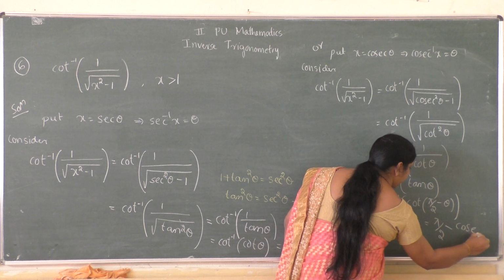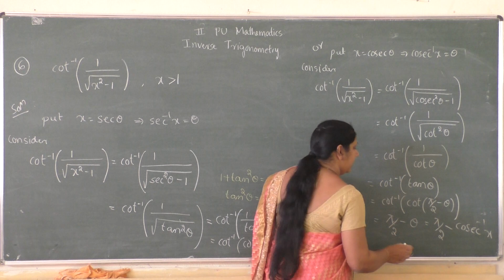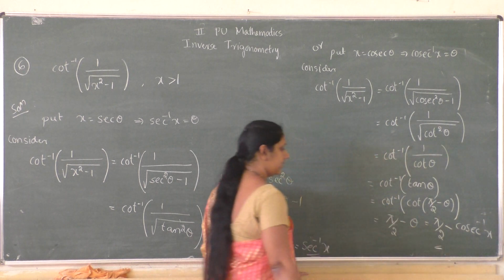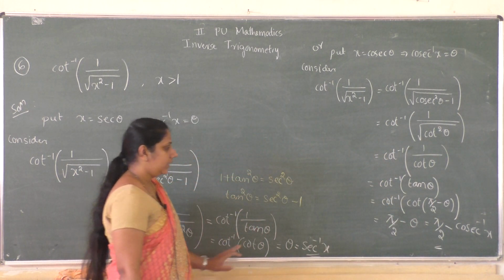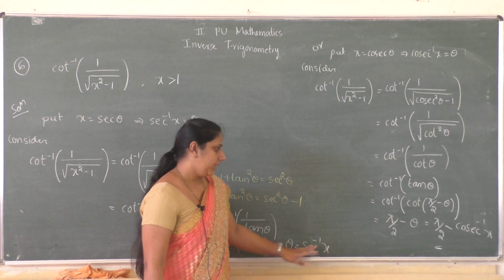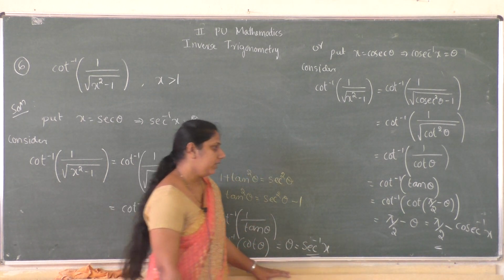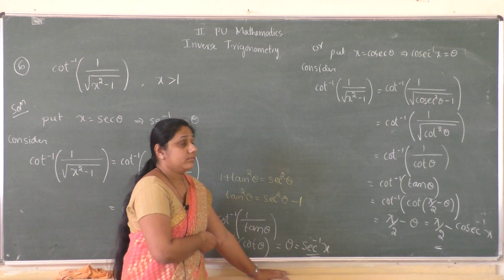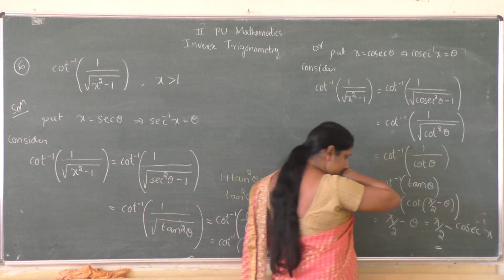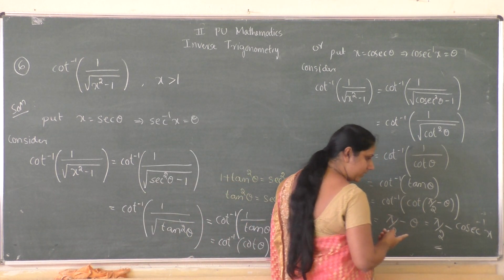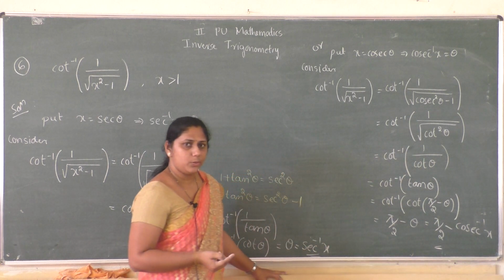See, if I stop up to this step, the final answers may not look the same, right? But see one of the properties in inverse trigonometry: cosec inverse x plus sec inverse x equal to pi by 2, right?